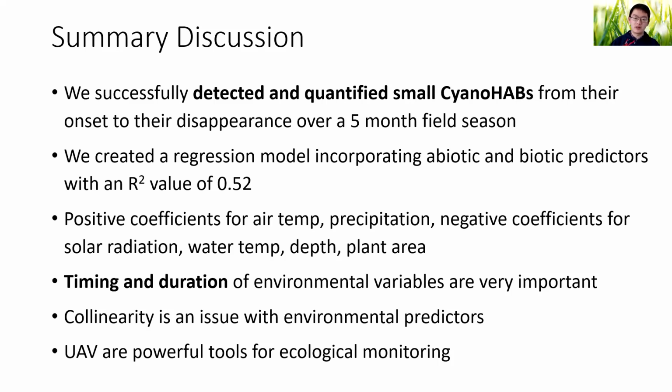Solar radiation and water temperature were very interesting for negative correlations. And for water temperature, this was likely because of the way we measured it. So we did a one-time measurement in the early morning when we conducted our flight. And this was likely when water temperature was at its lowest. And so CHABs are promoted over other phytoplankton by high temperatures, but they're also promoted by high temperature flux.